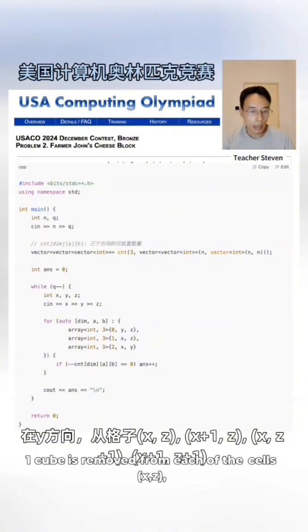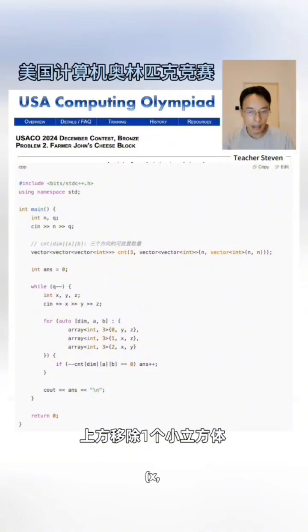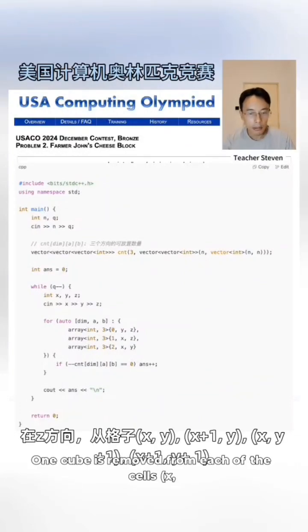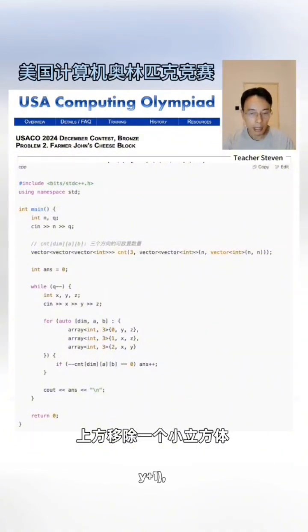In the y direction, 1 cube is removed from each of the cells x, z; x plus 1, z; x, z plus 1; x plus 1, z plus 1. In the z direction, 1 cube is removed from each of the cells x, y; x plus 1, y; x, y plus 1; x plus 1, y plus 1.